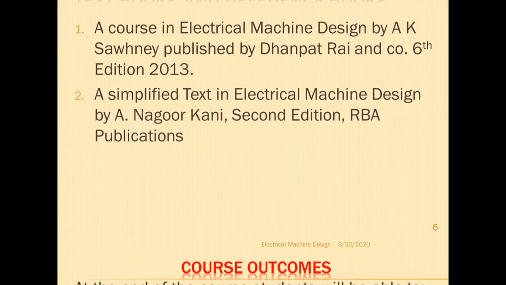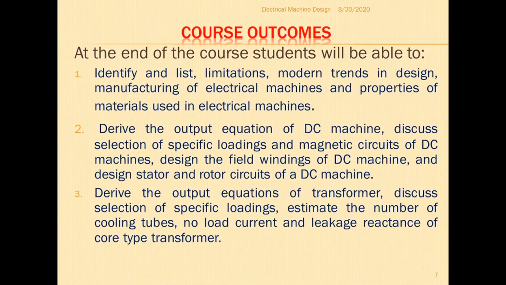Next, what are the course outcomes after studying this course? At the end of the course, what will students be able to do? First, they will identify and list limitations, modern trends in design and manufacturing of electrical machines, and properties of materials used in electrical machines.